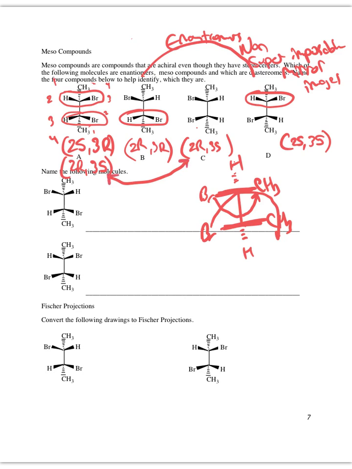So A and C are actually meso compounds. They're the same thing. The mirror image is superimposable. Gotta make sure I say it right. Okay, so the mirror image is superimposable. They're the same thing.